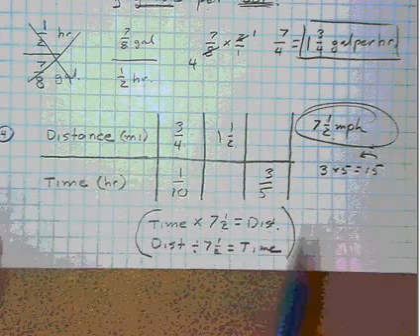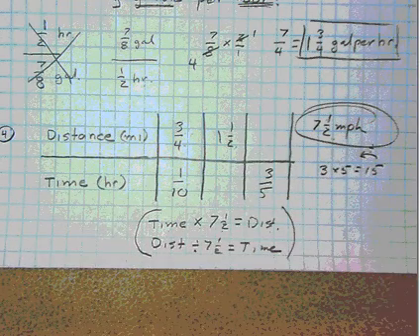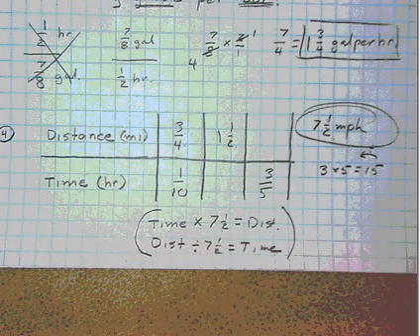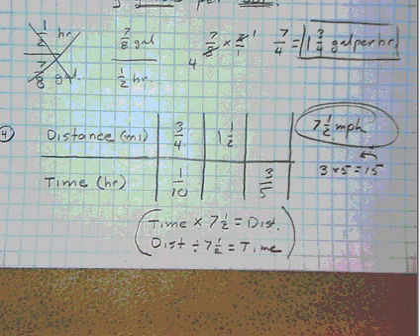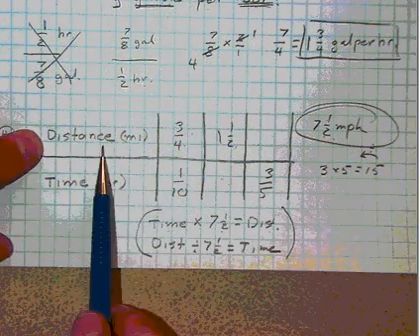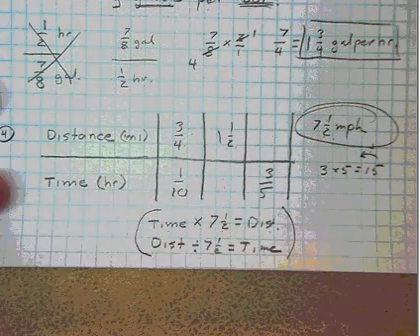I've tried. So, this is really where we're going. We're going to put a lot of emphasis on this. This is the constant rate. That's what the rate is. Every hour he's going that distance, that many miles per hour. So in order to find these missing pieces, I'm going to use that rate. To find the time, I'm going to take the distance and divide it by 7.5.